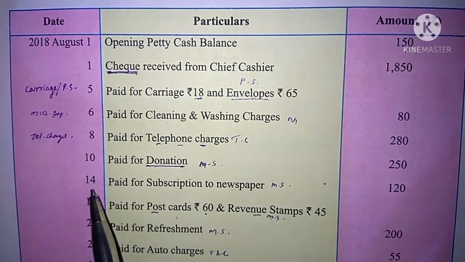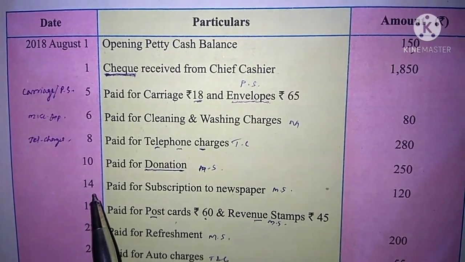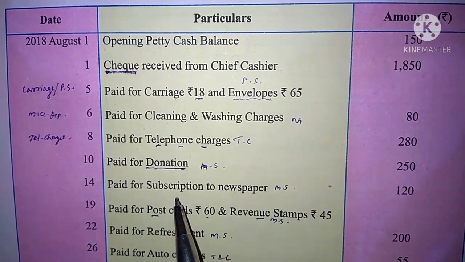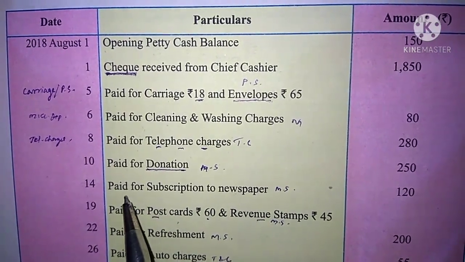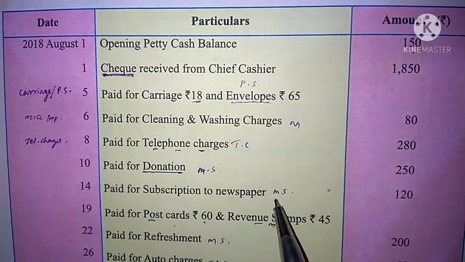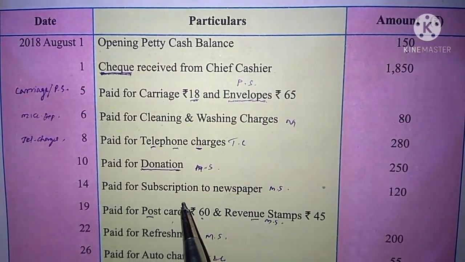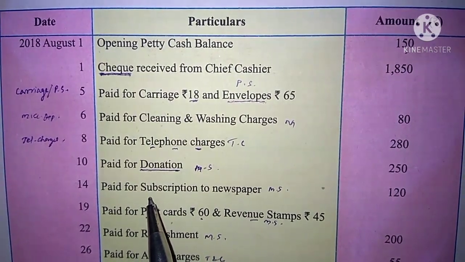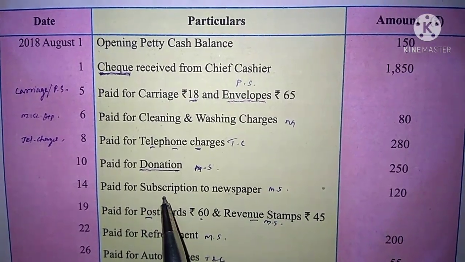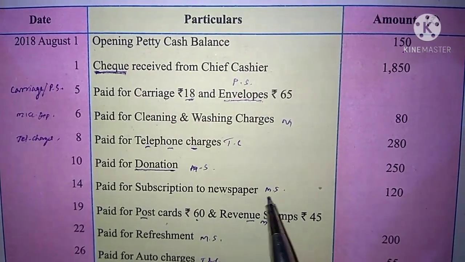And then on 14th August 2018, paid for subscription to newspaper. So here also this expenses we can show to the miscellaneous expenses, or we can prepare one new accounting head, that is the subscriptions. We can prepare, no doubt, but in our textbook actually they use miscellaneous expenses accounting head.